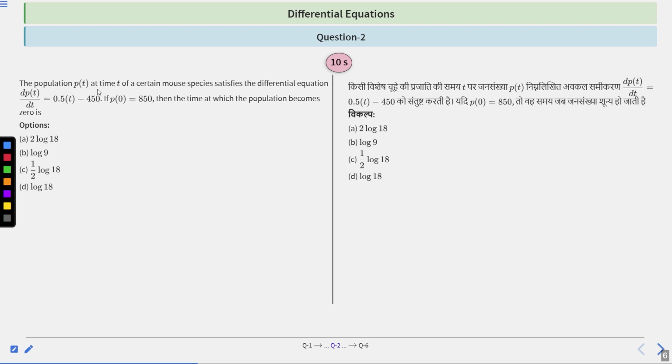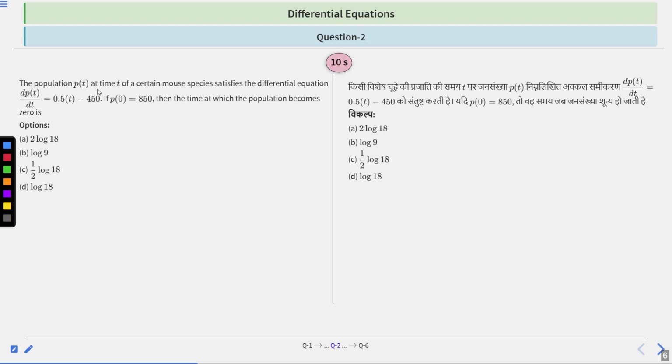Again we have a differential equation. After proper adjustment, you will see that this differential equation is basically a linear differential equation. So you can easily solve this differential equation by proper adjustment and simplification.